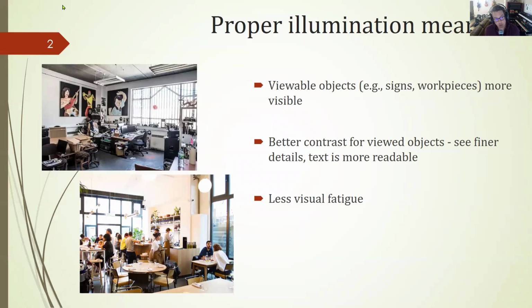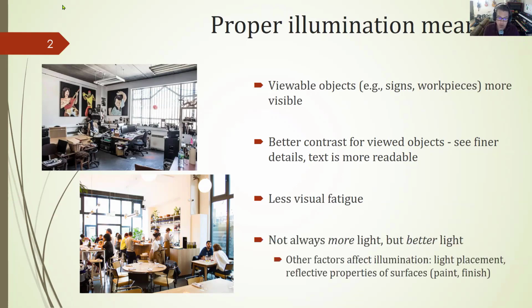We have less visual fatigue when things are well lit. Basically, our focal system, essentially the lens, is less fatigued by needing to change planes, depths of view, and to adapt to different lighting conditions when we're maximally visual.